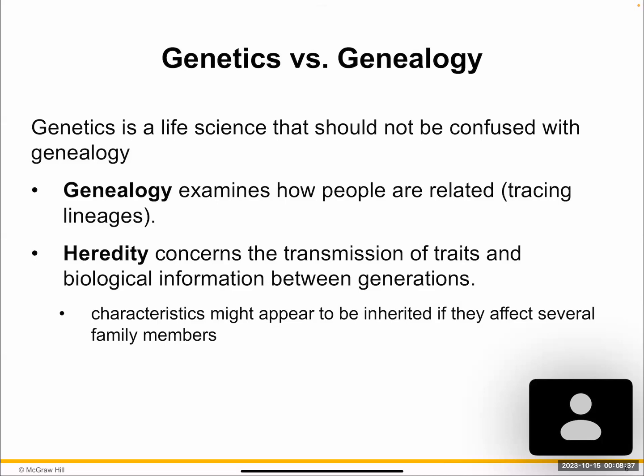So we want to make sure we understand that when we talk about genetics, we're looking at the science of the study of genes and how those genes get passed down to the next generation. It's about figuring out what genes are, how one gene gets passed down, and what traits those genes create.